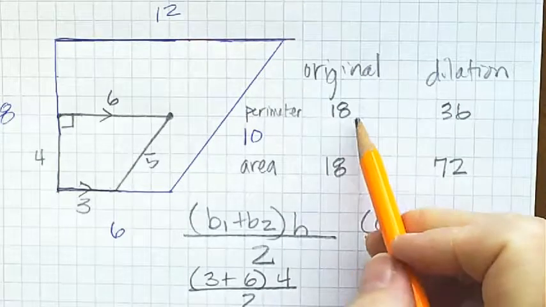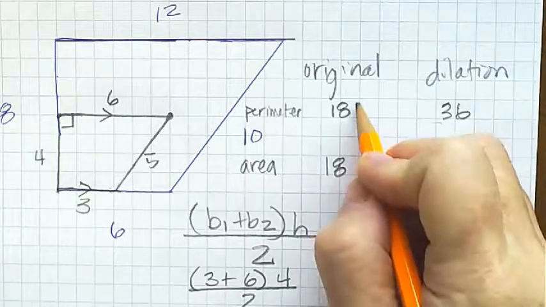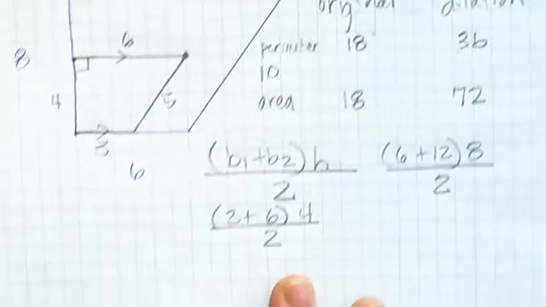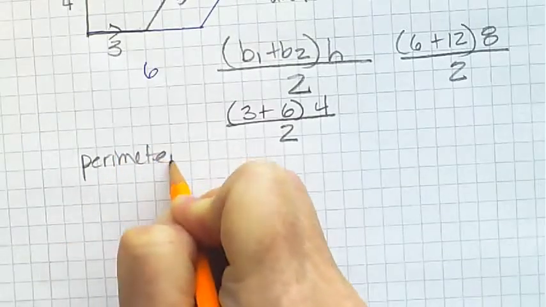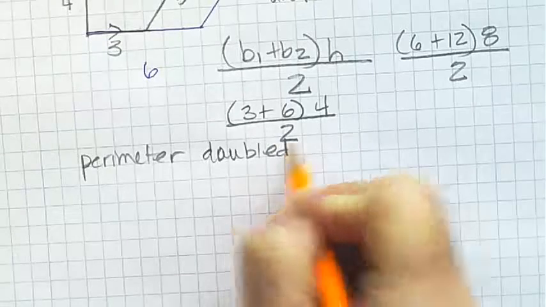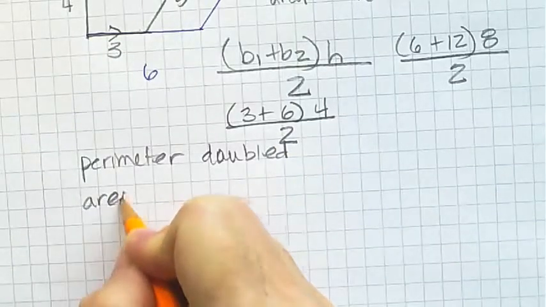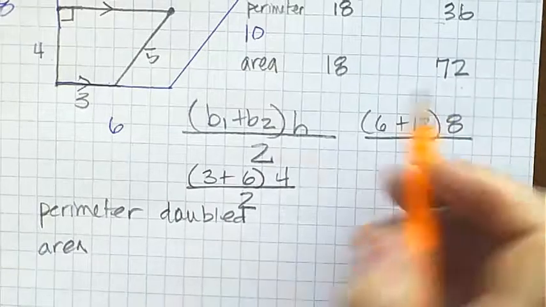So the perimeter doubled. 18 times 2, let's write this down. The perimeter doubled. The area, 18 times 4 is 72.